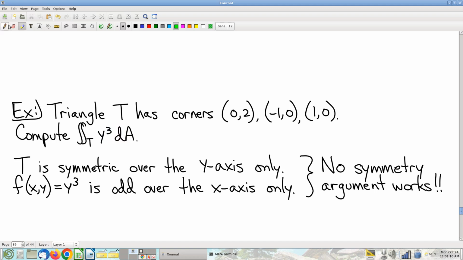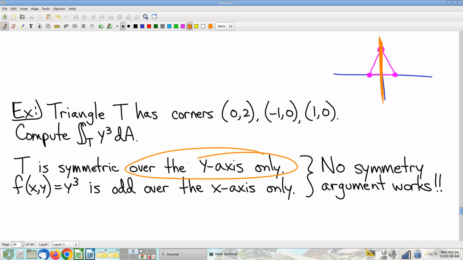Because my domain, let's plot our domain. Our domain has corners at 0, 2, -1, 0, and 1, 0. Our domain has symmetry only over the y-axis. That's your only domain symmetry, the y-axis.